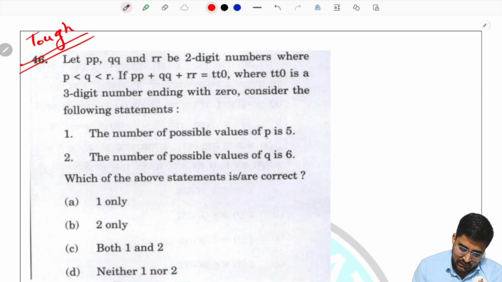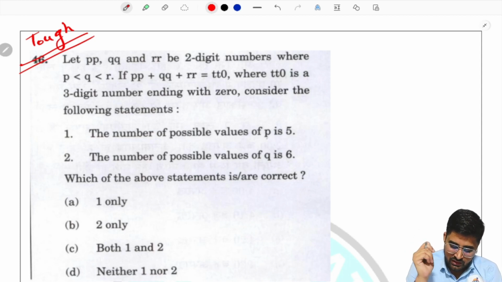Let PP, QQ and RR be two-digit numbers where R is greater than Q, Q is greater than P. If PP plus QQ plus RR is equal to TT0, where TT0 is a three-digit number ending with 0, consider the following statements.